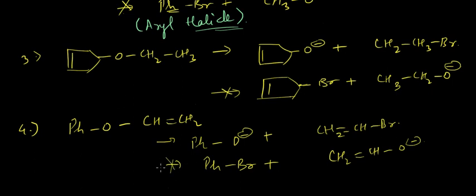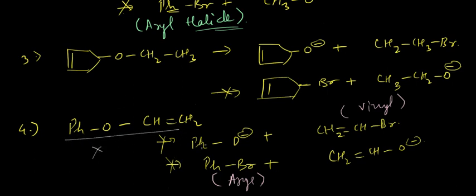So in both the cases they are not feasible, because in the first case it would be a vinyl cation formation, and in the second case it will be an aryl cation formation, both of which are highly unstable. Okay, so in this case no possibility is there of any substrates or reactants.